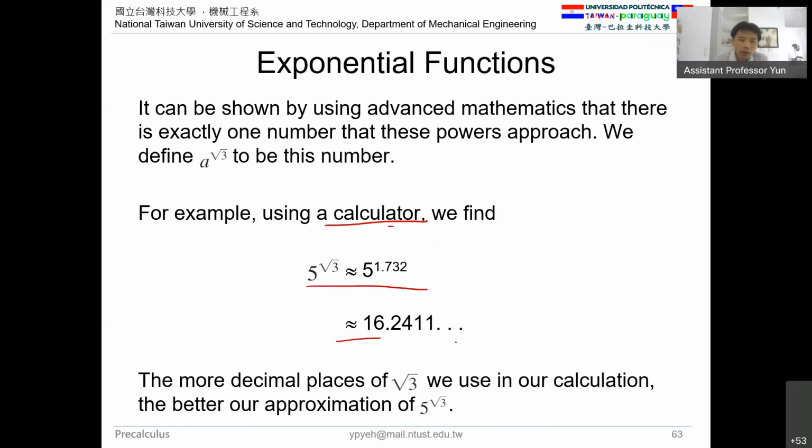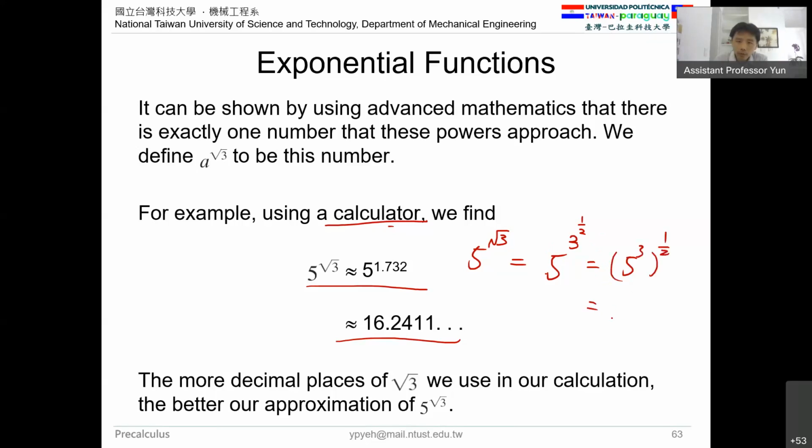But now the square root here: you can also find that the square root of 3 equals 3 to the power of 1 divided by 2.